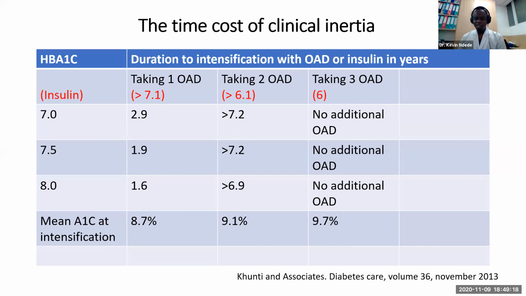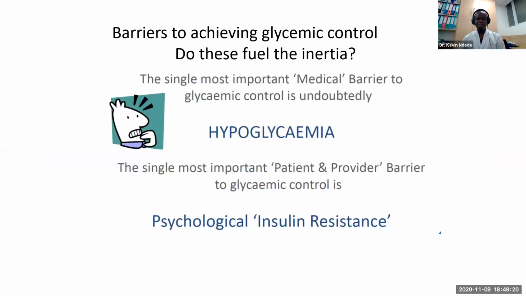So why do we generally tend to wait this long? Barriers to achieving glycemic control generally tend to fuel the inertia. One of the issues that has been hypothesized is the risk of hypoglycemia.